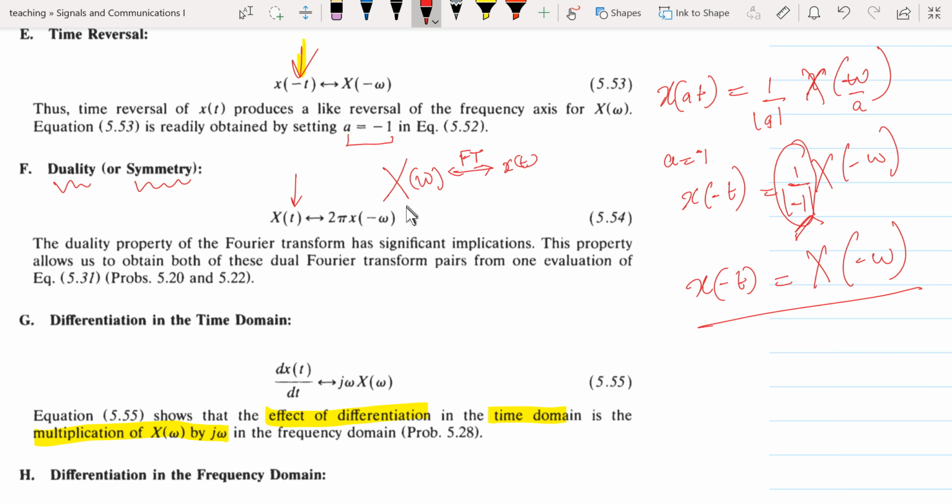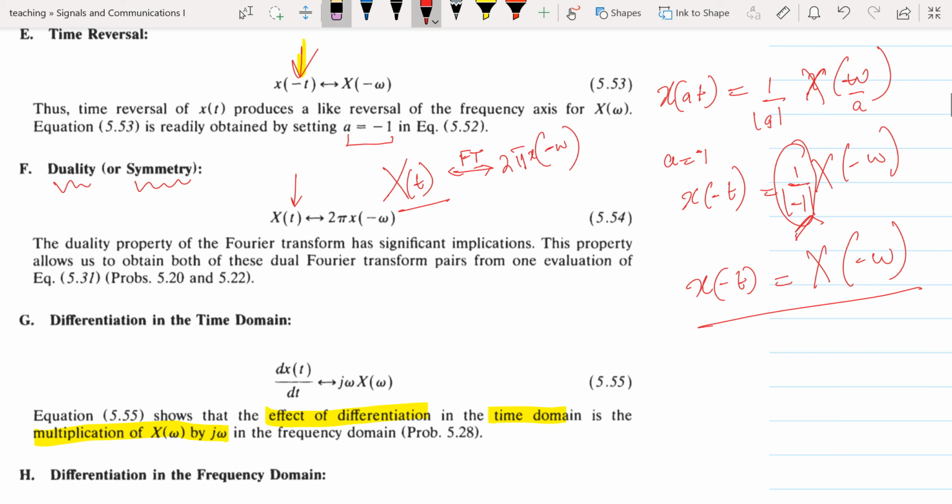But if you have a Fourier transform already, and you change it from being a function of omega and now you want to find its equivalent in the time domain, there is a change that you make: you replace omega with t, you introduce another term, 2 pi, and instead of X of omega only, you introduce minus omega.